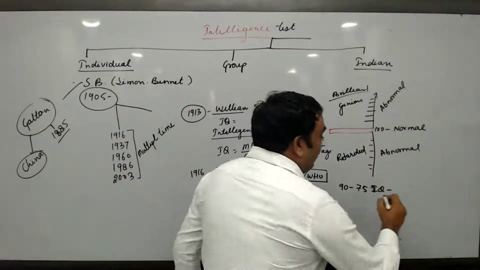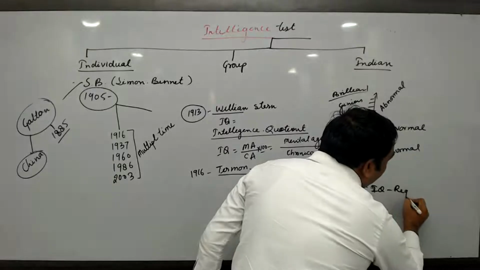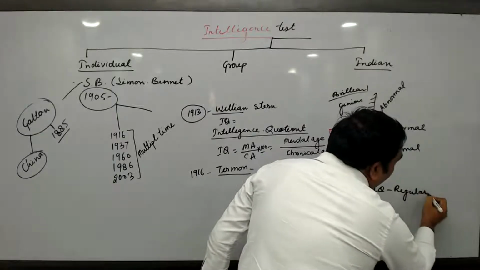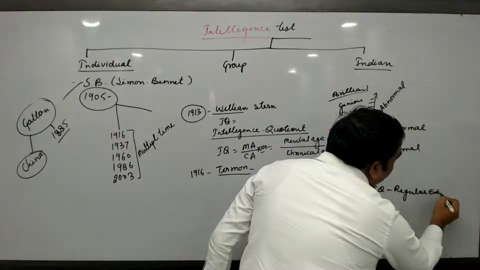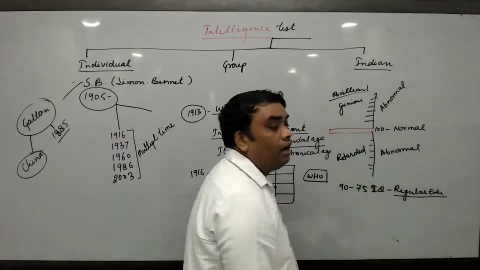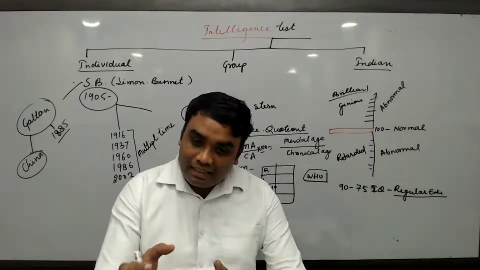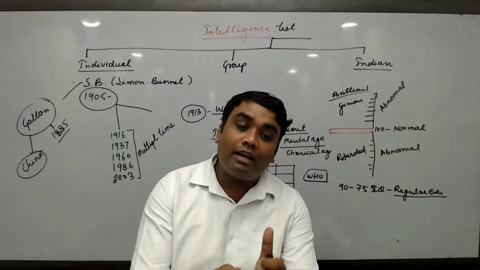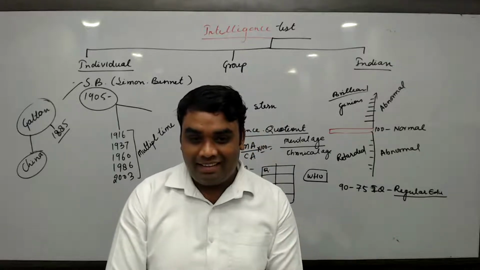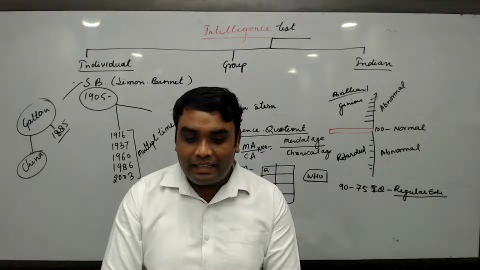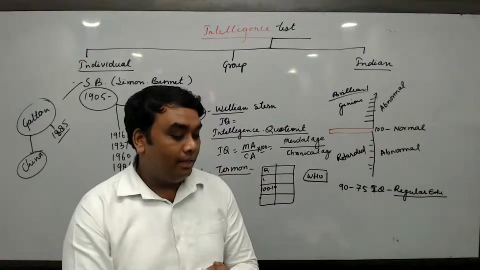It means they are regular educatable. Regular educatable means we can educate them in our regular classes, but their performance will be poor. They are called backward children.